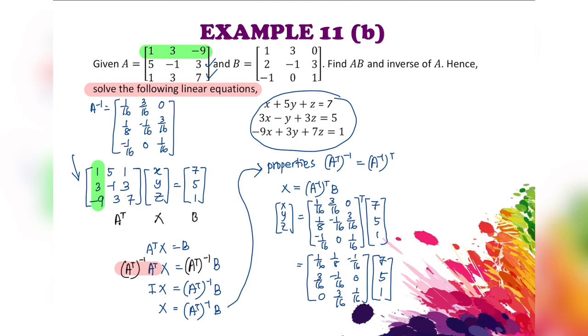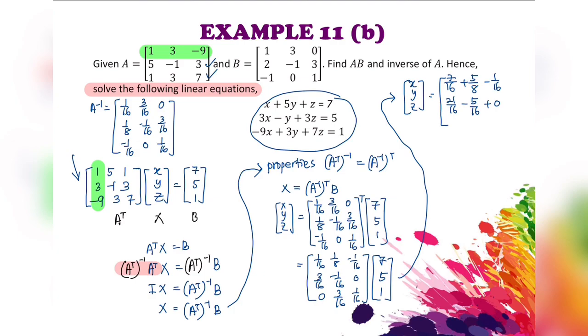Okay, let's do the operation here. So X, Y, Z is equal to 7 over 16 plus 5 over 8 minus 1 over 16, 21 over 16 minus 5 over 16 plus 0, and 0 plus 15 over 16 plus 1 over 16.